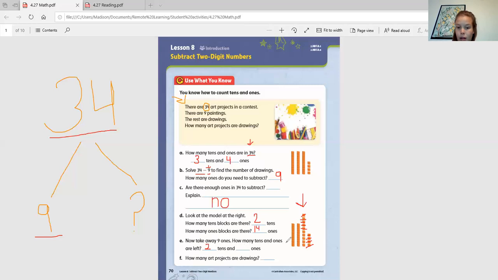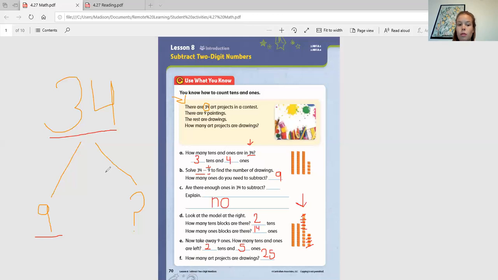And now let's count how many ones I have left. 1, 2, 3, 4, 5. So now I have 5 ones left, which means that there are 25 drawings in the art project contest. So 25 of them are drawings and 9 of them are paintings.